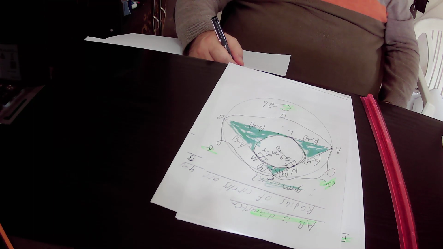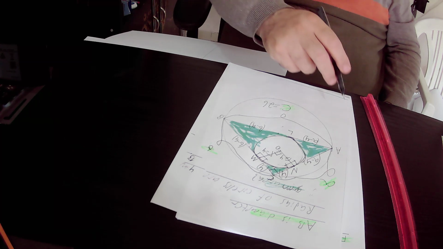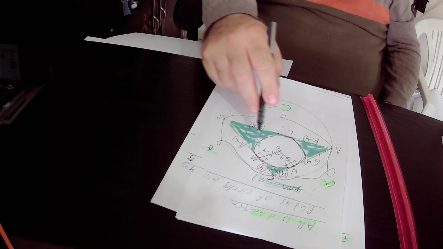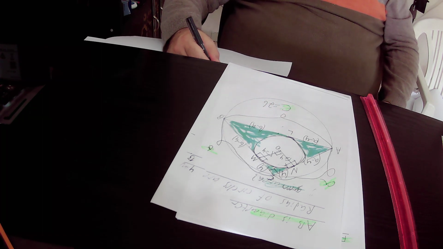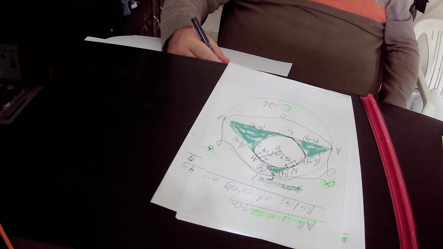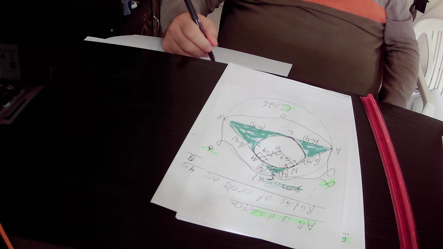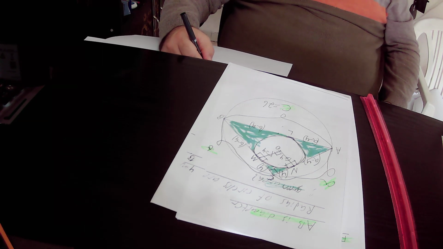So the area of triangle ABC equals the base of the triangle, that is AC, times the height to the base, that is CB, over 2. Minus the area of the small circle, that is pi r square.